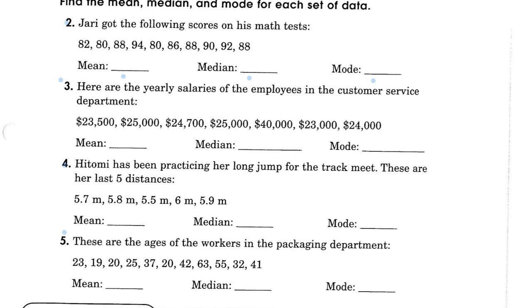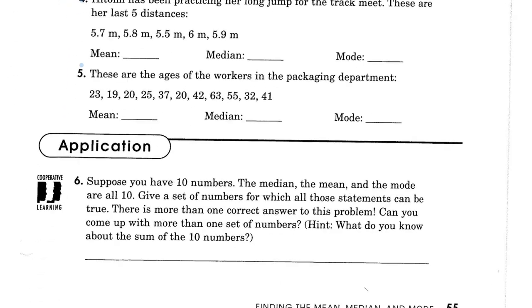You might need to look back at the front page or at the example to remember how to do this. You add your numbers and divide by your number of numbers to find your mean. You put them in order from smallest to largest and find the middle to get your median. And the number that occurs most often is the mode. So make sure you get problems 2, 3, 4, and 5 done.